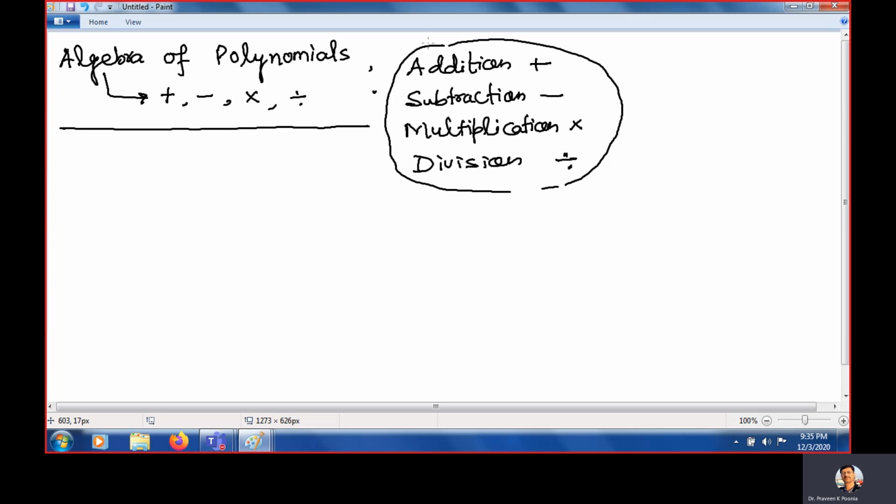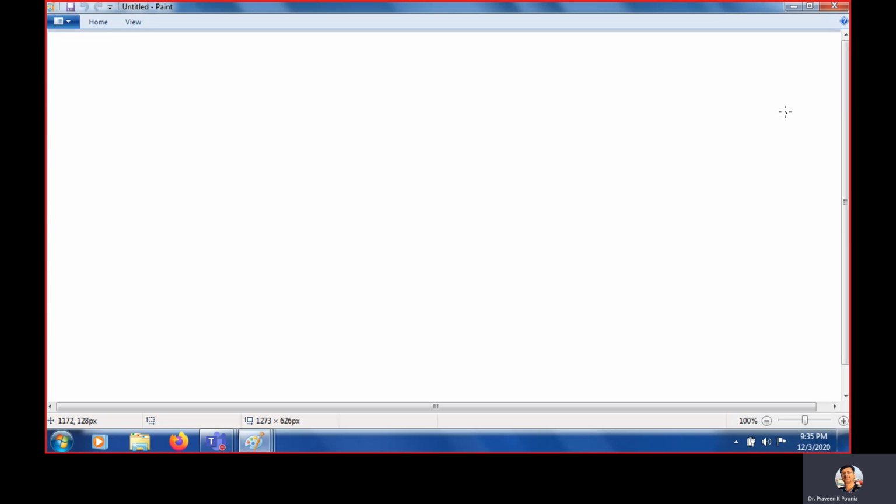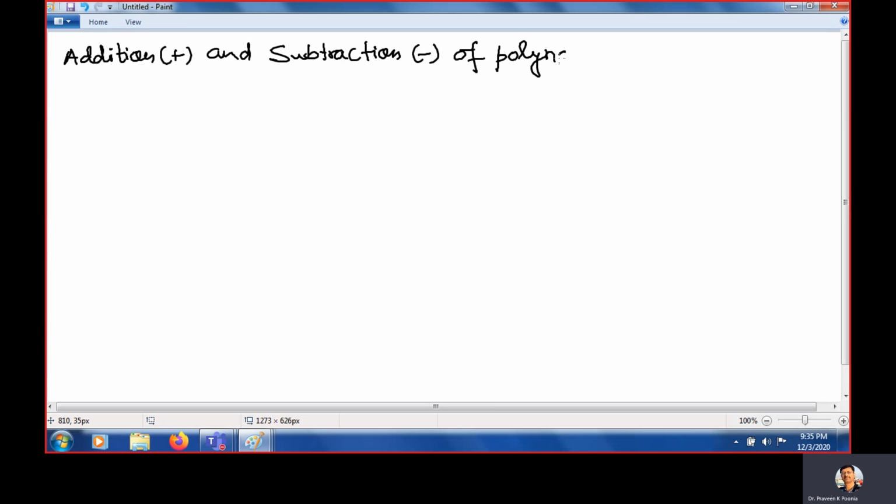Okay, so the topic number 1 we are going to study is addition and subtraction of polynomials. It is almost the same procedure. Addition means plus, and subtraction means minus of polynomials.